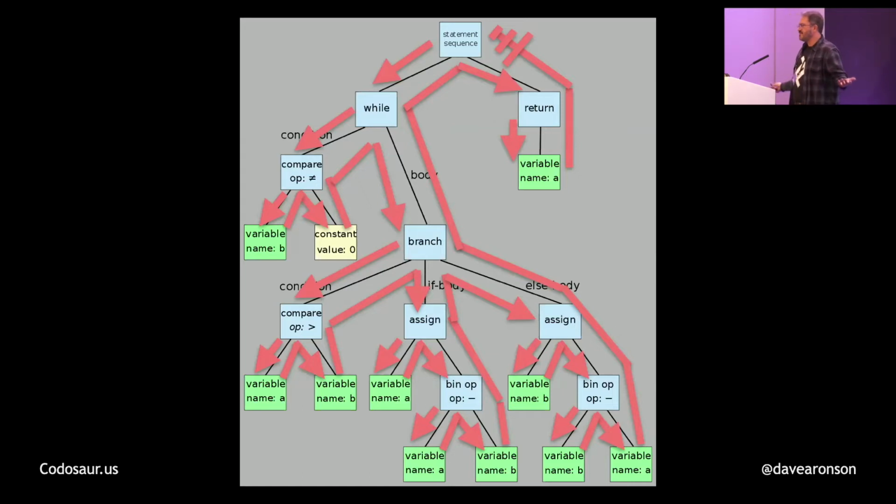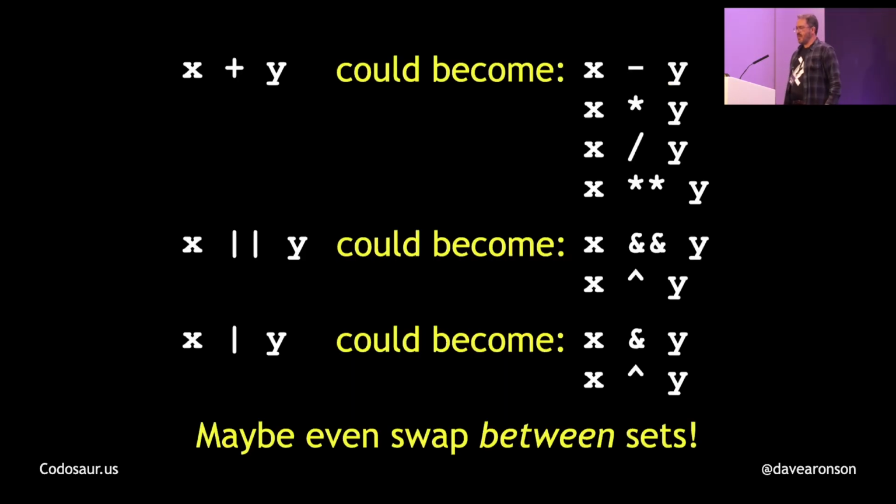Now I've been talking a lot about changing things and mutating nodes and whatnot. So what kind of changes or mutations are we talking about? There are quite a lot. It could change a mathematical, logical, or bitwise operator from one to another. In languages and situations where we can do so, it could even substitute one from a different category.